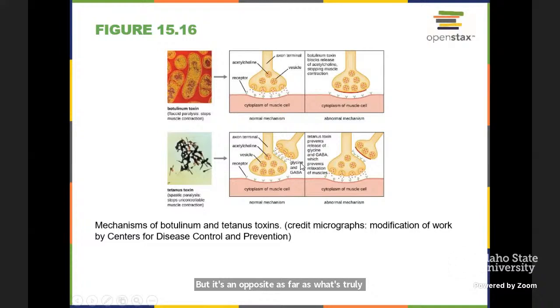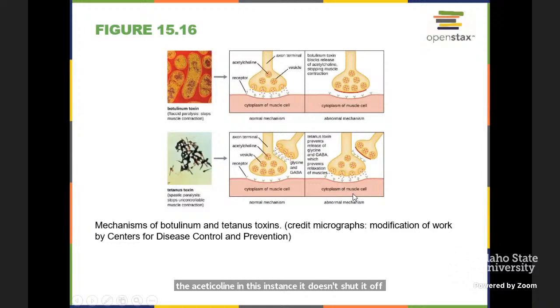So other molecules, glycine and GABA, making contact with the axon to stimulate the cell to relax, basically shutting off the acetylcholine. In this instance, it doesn't shut it off, all right, blocking those molecules.